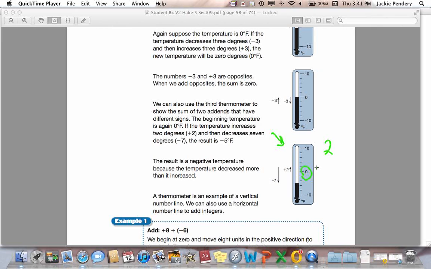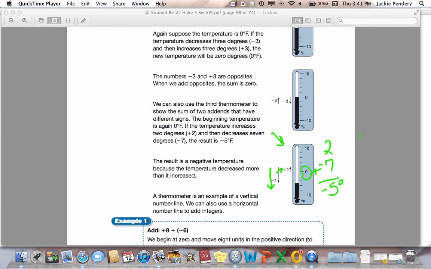But then we're going to go down 7 degrees. So I went up 2, now I'm coming down 7, so a negative 7. So 2 of those go back to 0, and then I have 5 left if I was to draw those. So 2 plus negative 7 leaves me with negative 5 degrees.